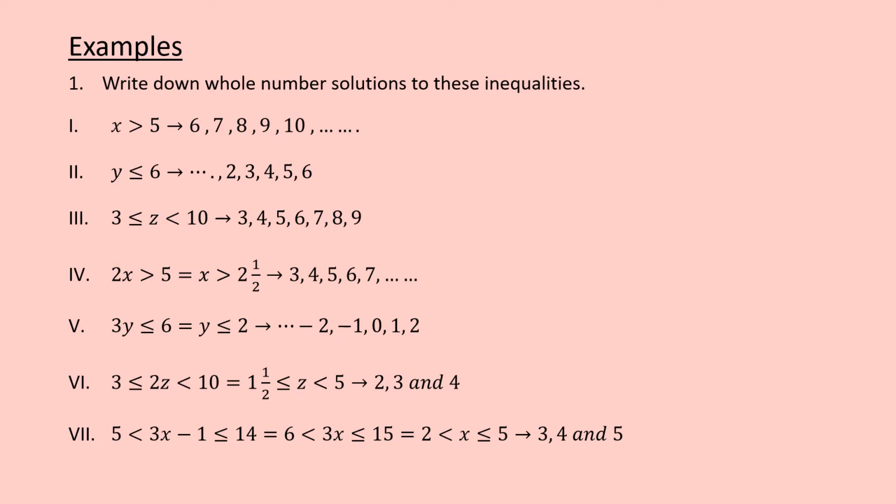Then 3x is less than or equal to 15, 14 plus 1. Dividing through by 3, we obtain 2 is less than x, x is less than or equal to 5. The integer solutions are 3, 4, and 5.